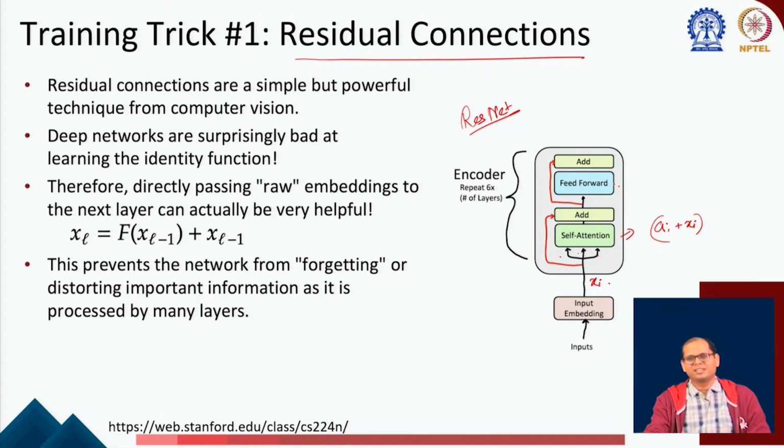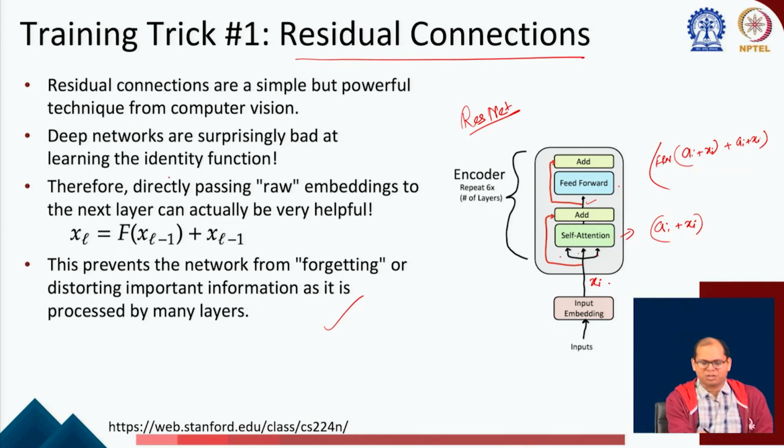Next you apply feed forward and again add whatever was there. So AI plus xi is applied to feed forward, FFN, plus you add AI plus xi to this, so you retain this information. It's a very, very powerful technique, because what is seen is that these deep networks become very bad at learning some sort of identity function or preserving the original information.